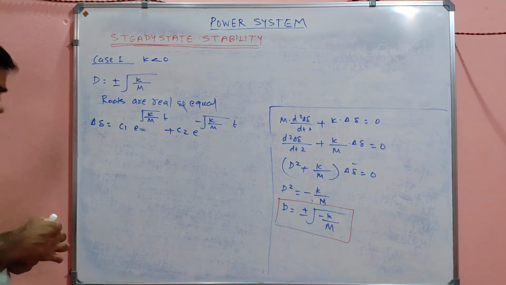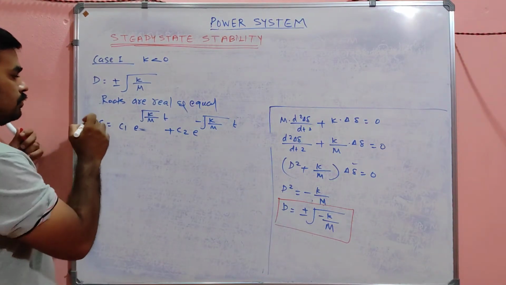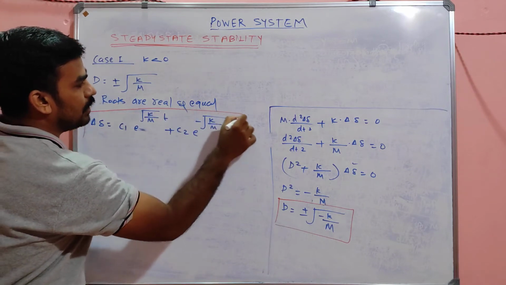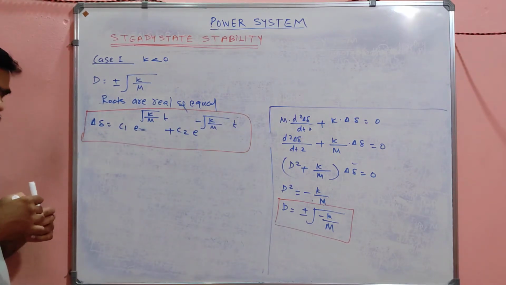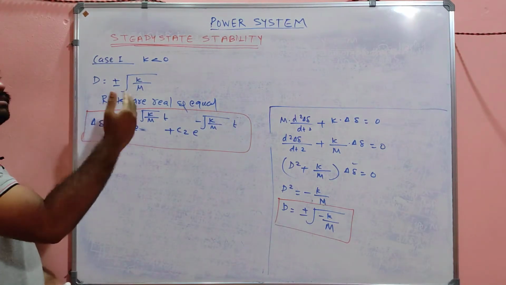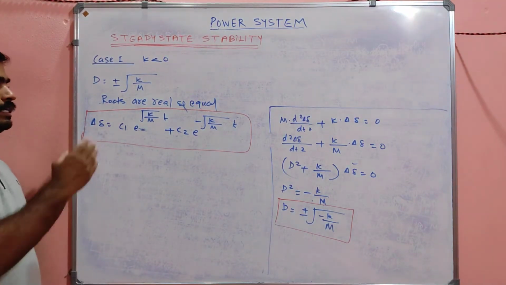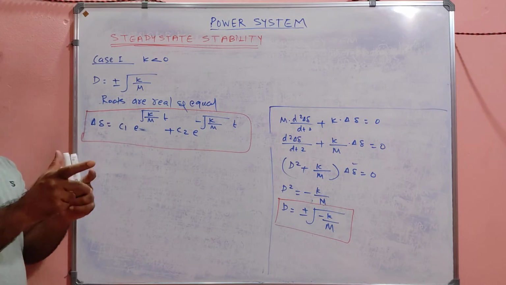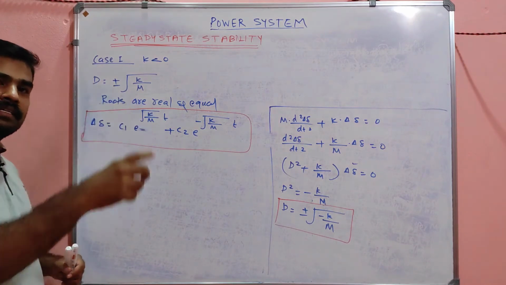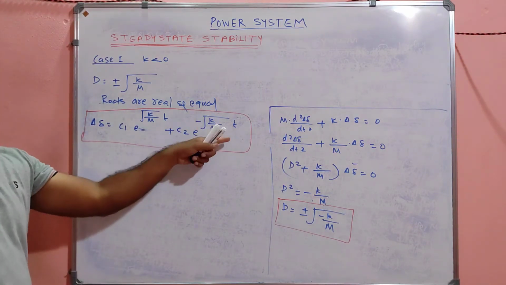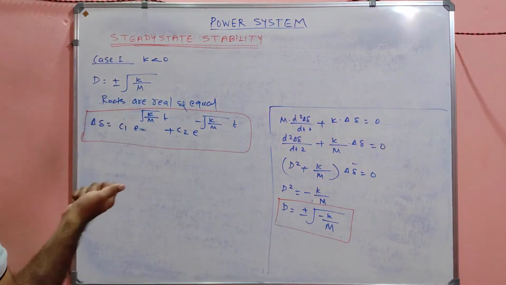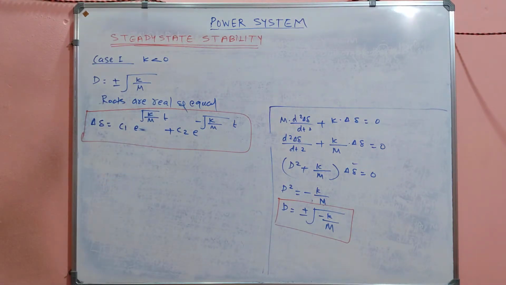We already discussed this in the differential equation analysis. Mathematically, if the roots are real, then the solution will be C1 into e raised to the real root into t, plus the same with the negative root. That will be the resultant del.